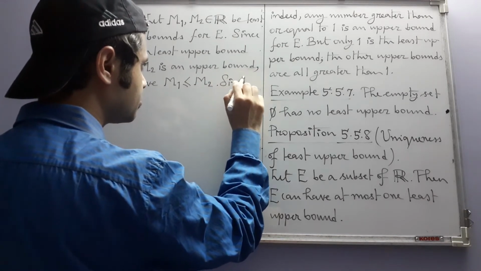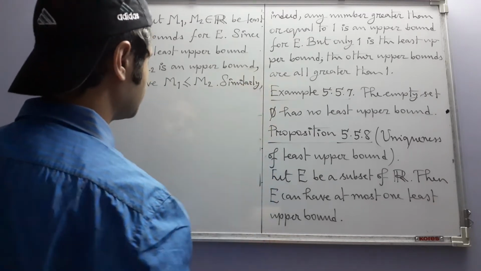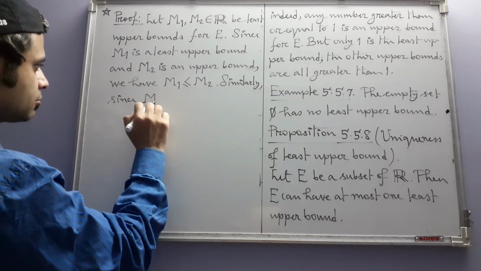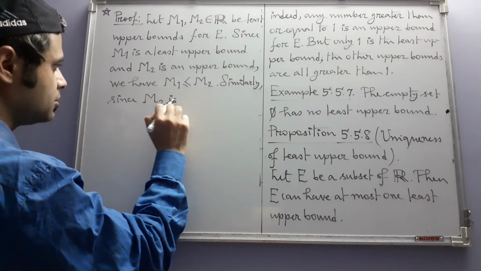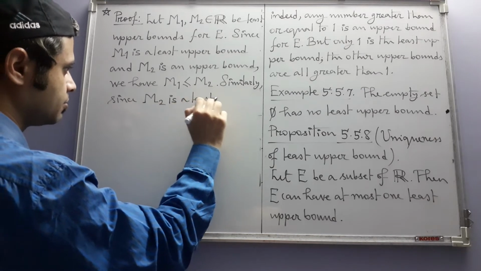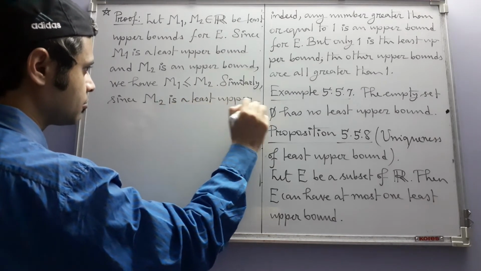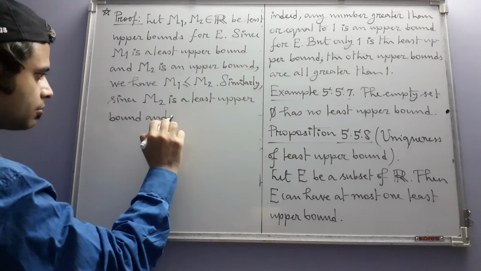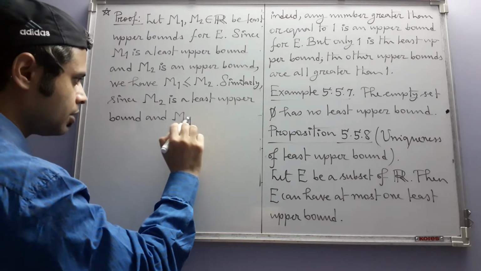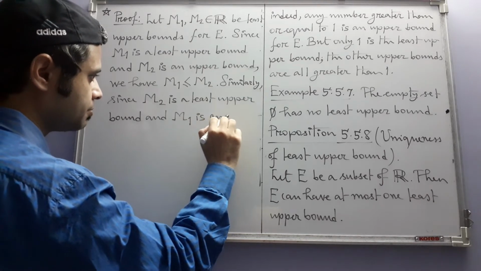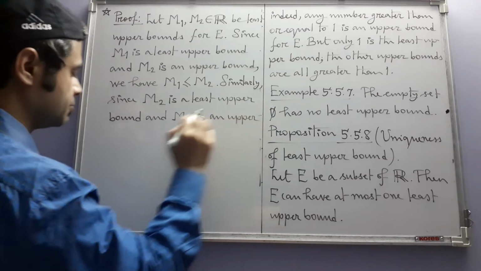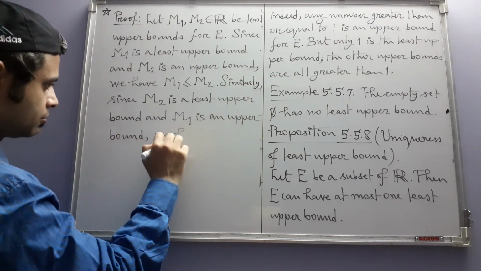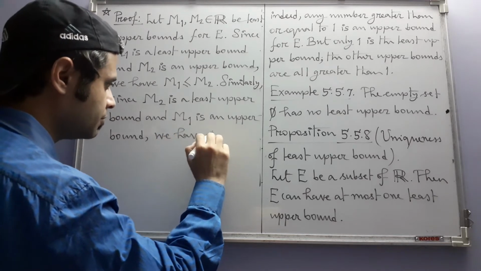Similarly, since M2 is a least upper bound, and M1 is an upper bound, we must have this.